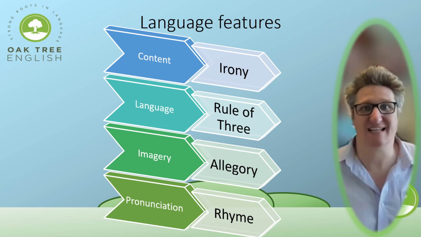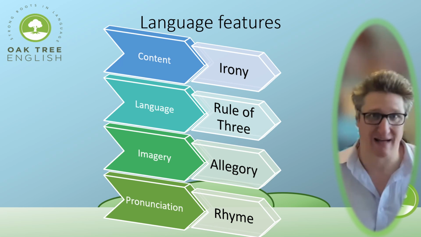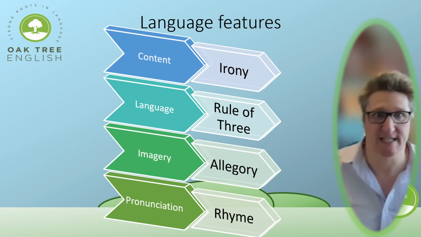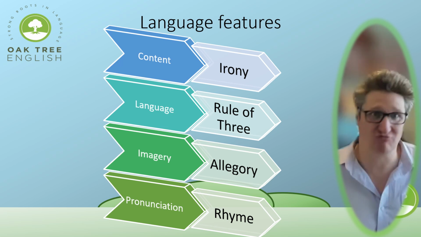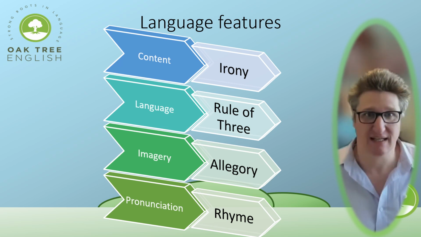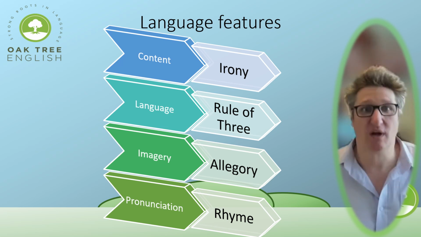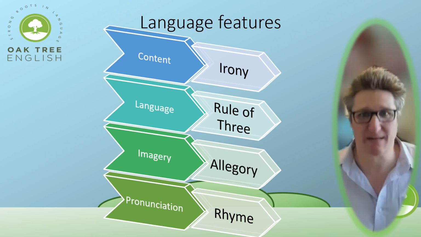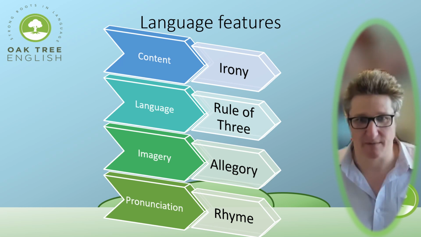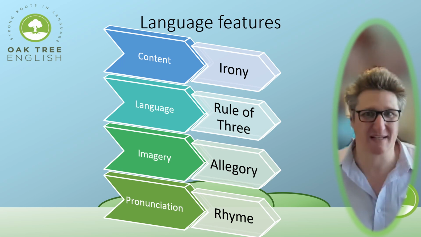Pronunciation devices are especially useful in a talk, as they are designed to be heard. So alliteration can be emphasized, rhyme can be employed, and sibilance can be hissed. But the one I want to recommend to gain attention and amusement is onomatopoeia. Oh, I wrote down rhyme there. I meant to write onomatopoeia.